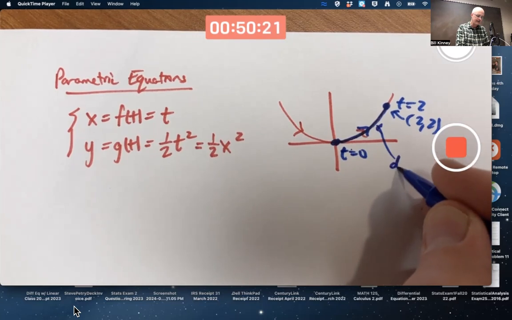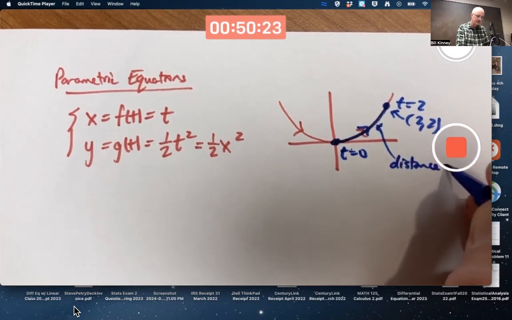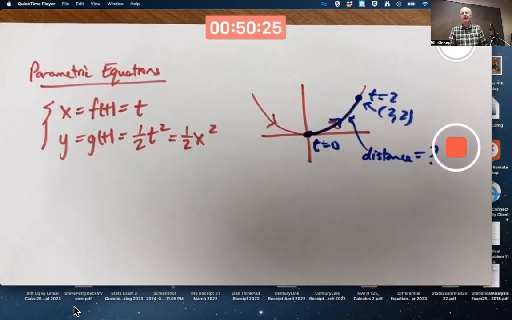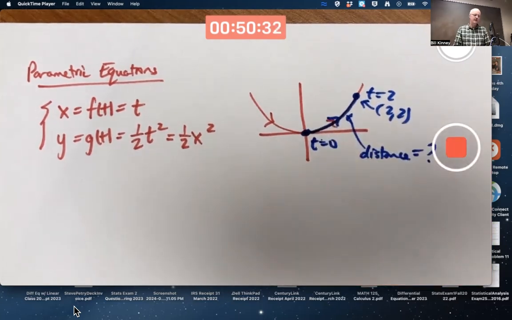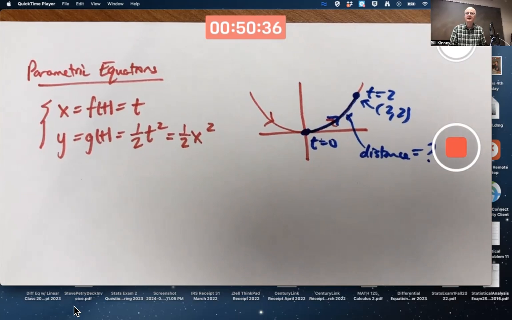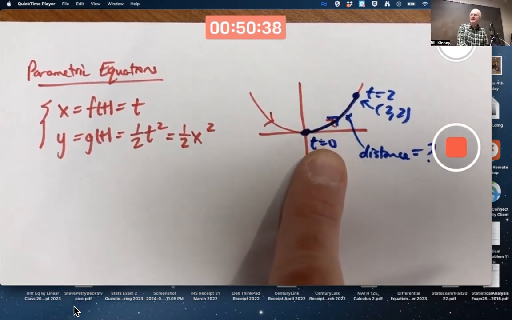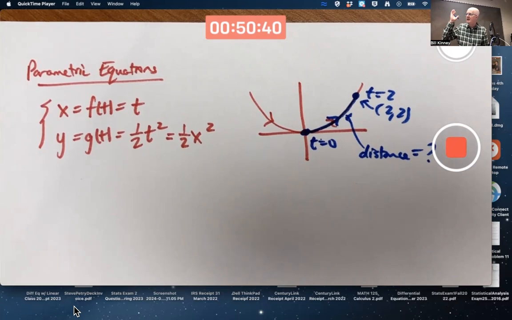You could eyeball it. If you drew a right triangle in here and used the Pythagorean theorem, the straight line between these 2 points would have a length of square root of 8, a little less than 3. So a very rough guess for this distance is about 3. But I'm sure it's not exactly 3.